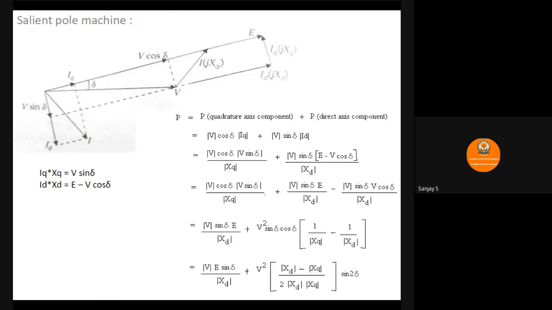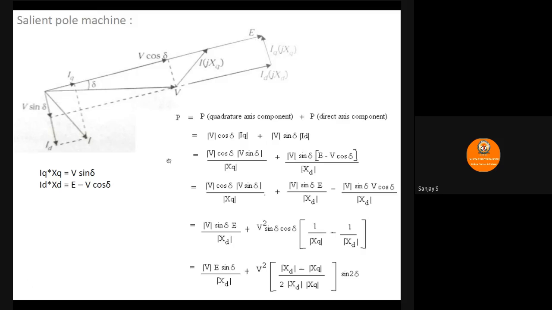Next, we go for salient pole synchronous machine. Anyway, I'm not going to explain this vector diagram right now because it has already been covered in the last semester power system analysis subject. Let us just recall the expression for power. Here you're coming across two components, quadrature axis component and direct axis component, which I was referring to.